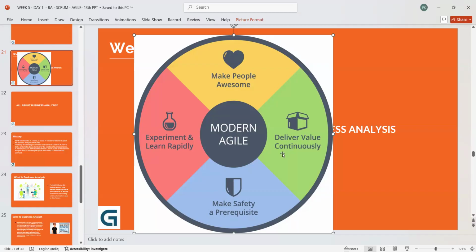Then we are saying value. We are not saying delivering product, delivering applications, delivering work. No, we are saying delivering value. Value means something that is of importance to the stakeholders, to the customers, and even to you. And then the last word is continuously.